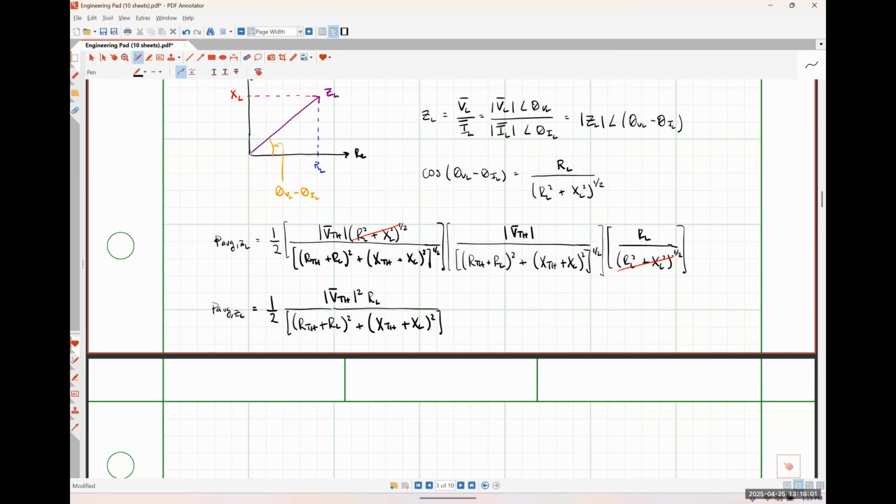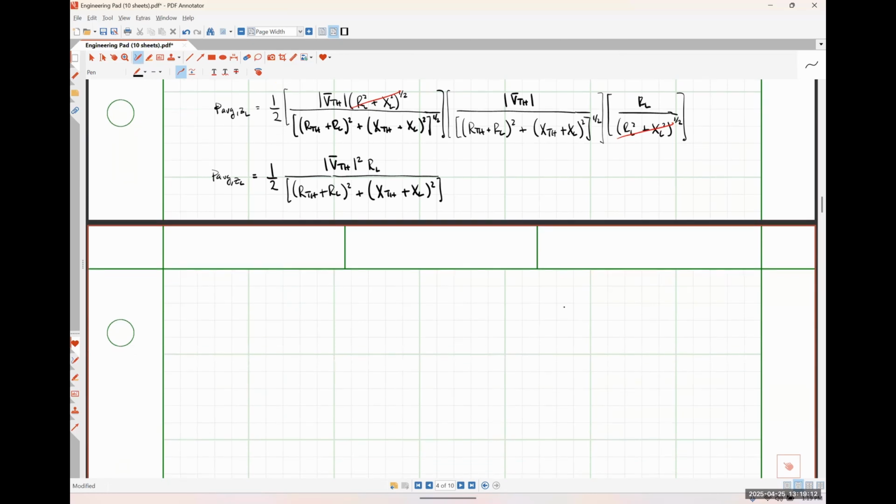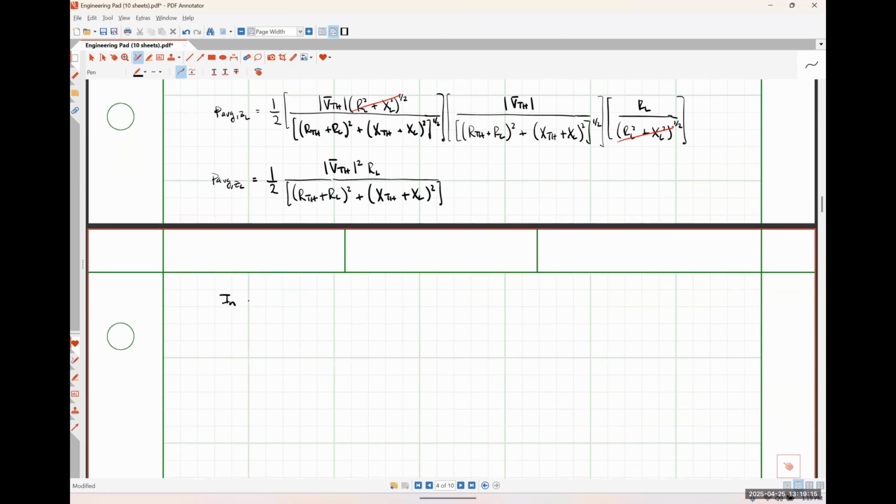So if I want to have maximum average power transfer, I need that reactance term to go to 0, okay? So this is the first thing that we can observe. In order for maximum average power transfer to occur, our load reactance XL must be negative our Thevenin reactance.